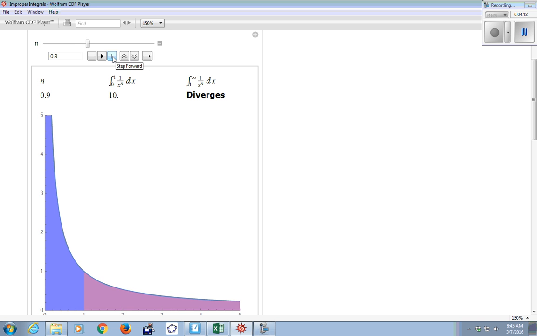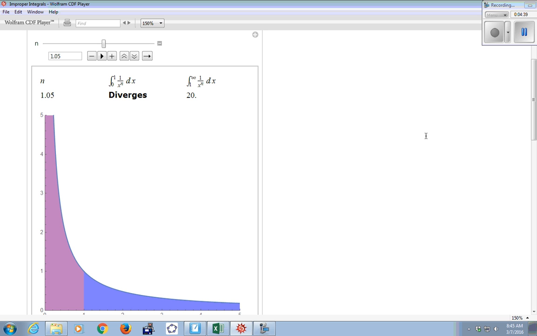And then at 1, I hit this magical spot. At 1 over x, both of them diverge. There's infinite area from 0 to 1, and there's infinite area from 1 to infinity. And then after 1, the area from 0 to 1 is now infinite.